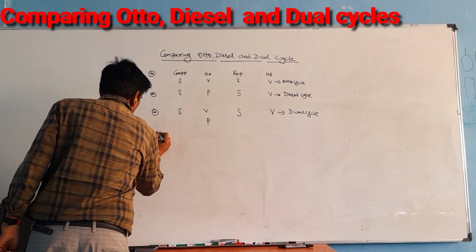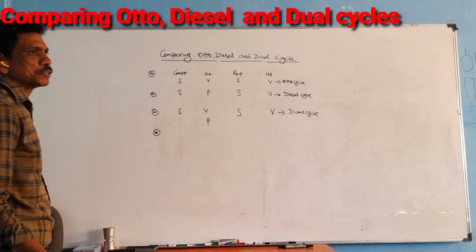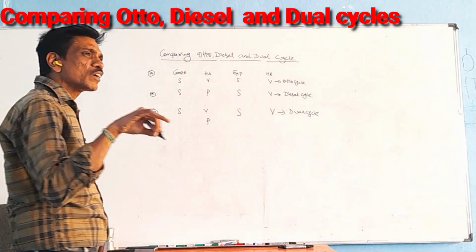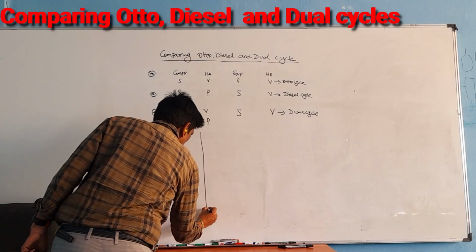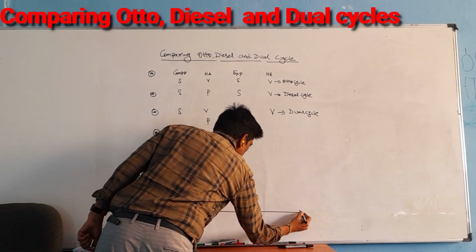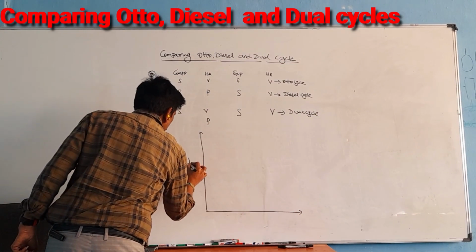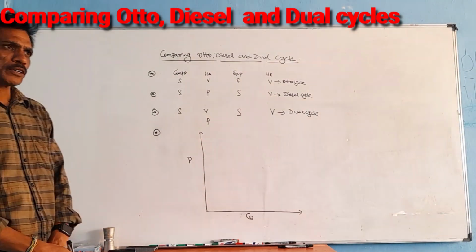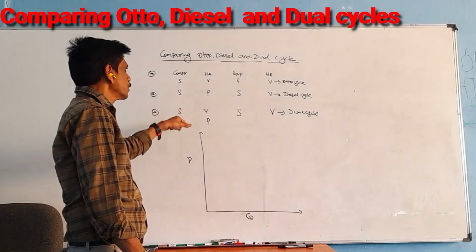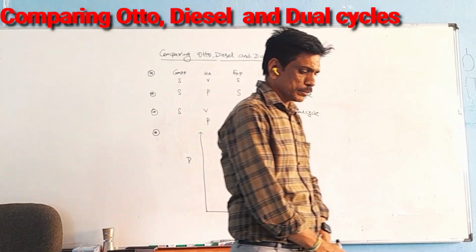How can we compare the Otto cycle, diesel cycle, and dual cycle on the same PV diagram? You can draw the three cycles on the same PV diagram. I am practicing drawing the Otto cycle, diesel cycle, and dual cycle.